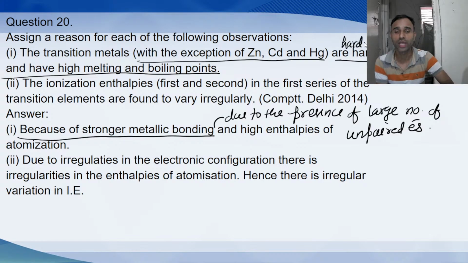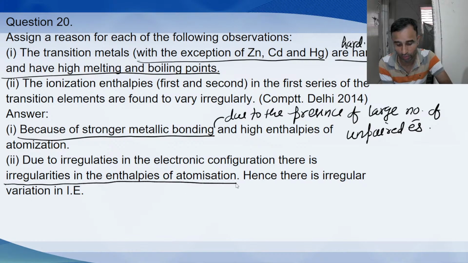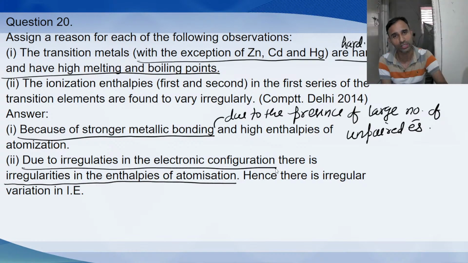Next, ionization enthalpies in the first series of the transition elements are found to vary very irregularly. The reason is the irregularities in the enthalpies of atomization, due to the irregularities in the electronic configuration, because there are exceptions.